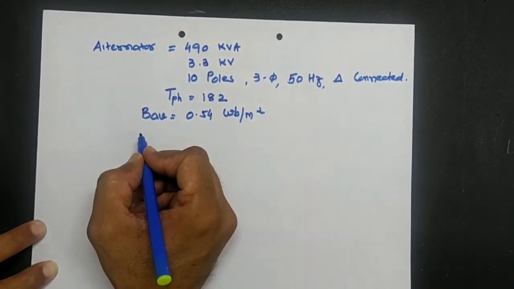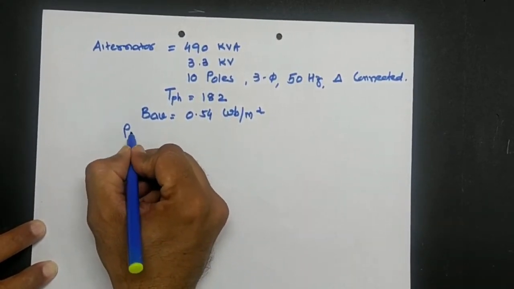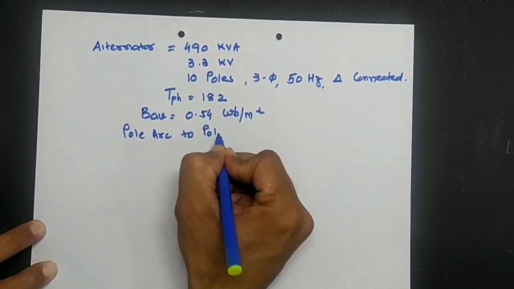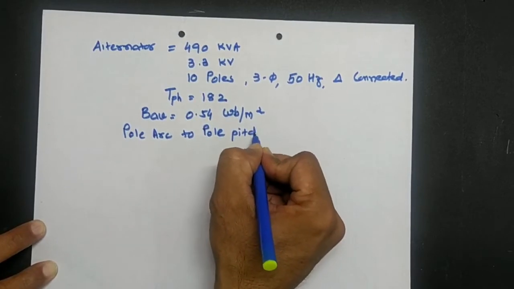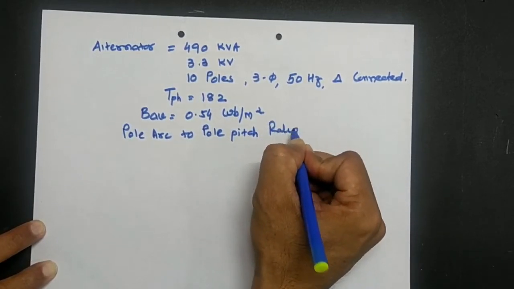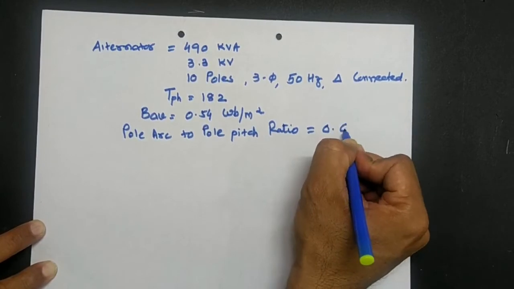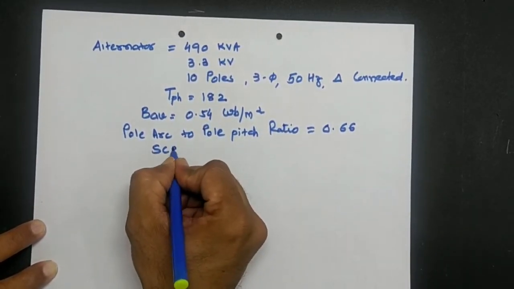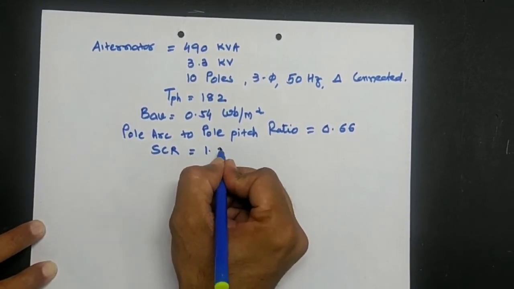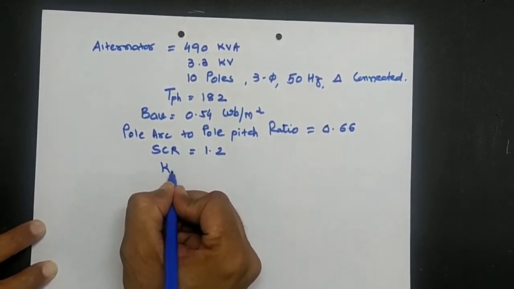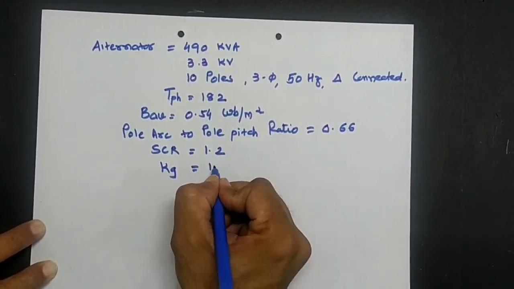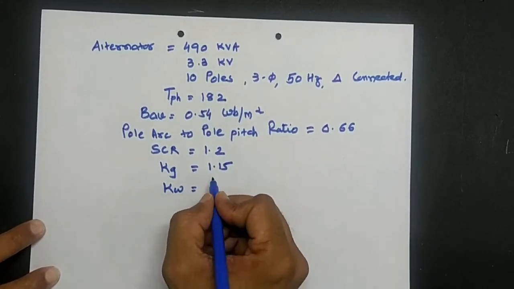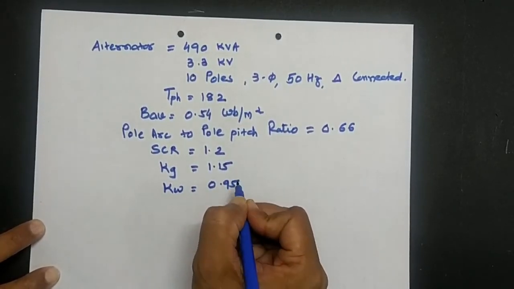Pole arc to pole pitch ratio is 0.66. Short circuit ratio is given as 1.2. Gap contraction factor Kg is 1.15. Kw, that is winding factor, is given as 0.95.